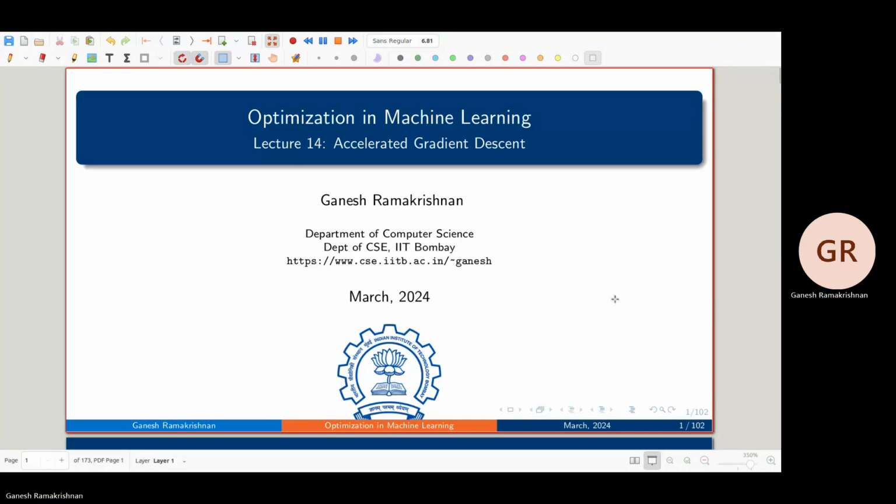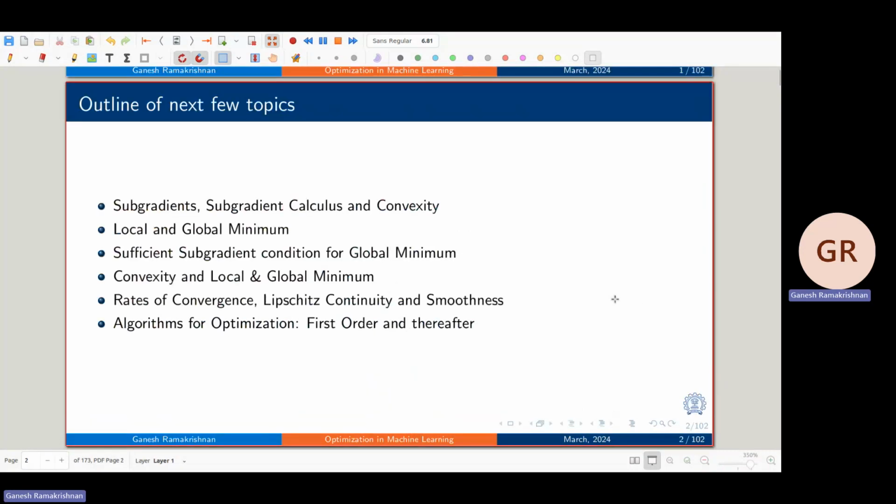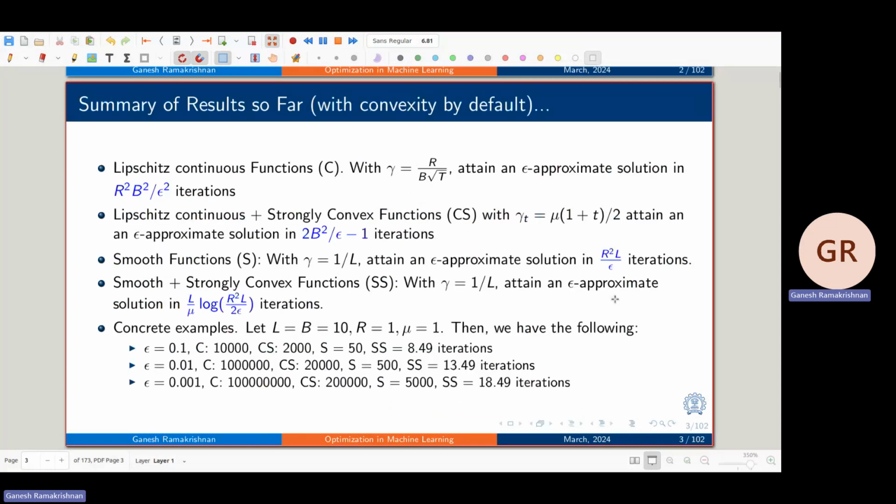So we'll move on from accelerated gradient descent to other important topics. Let's recap our discussion on how we motivated accelerated gradient descent. We talked about different classes of functions and their convergence: Lipschitz continuous, strongly convex, Lipschitz smooth and strongly convex.